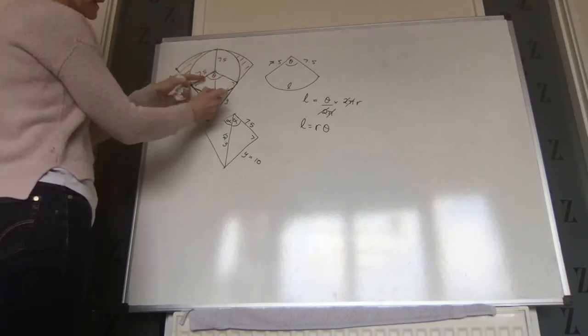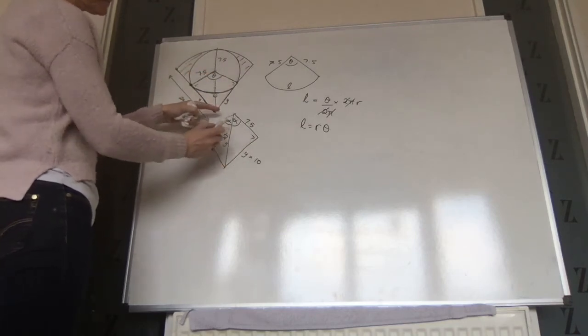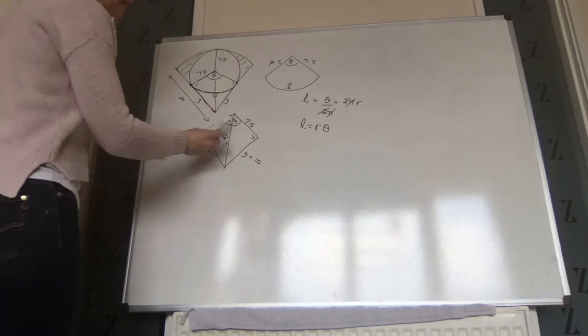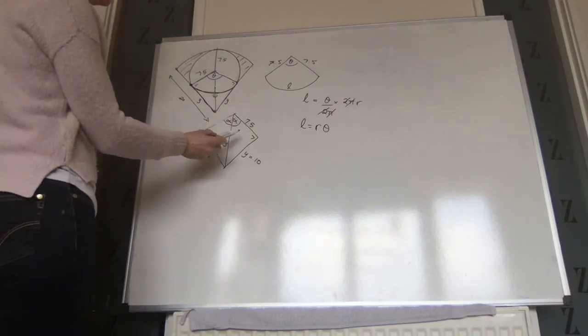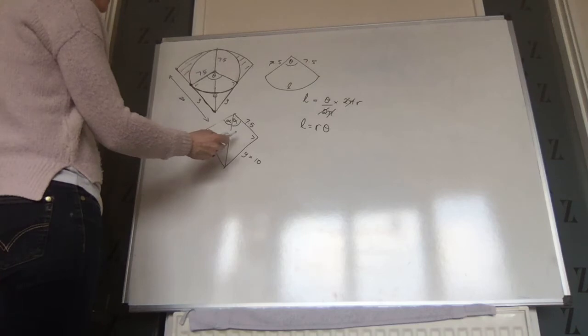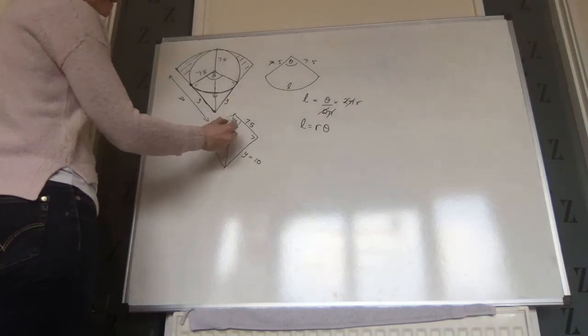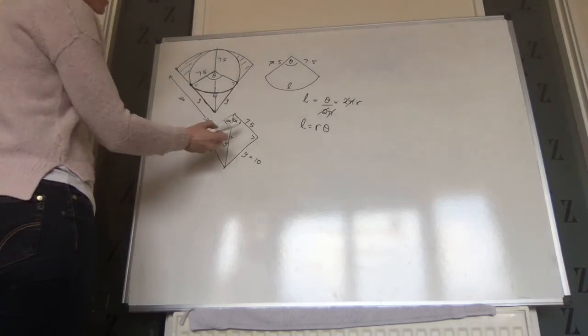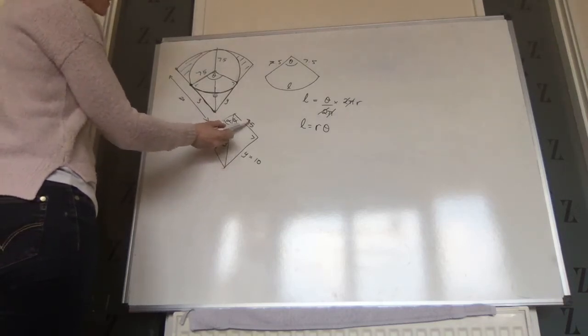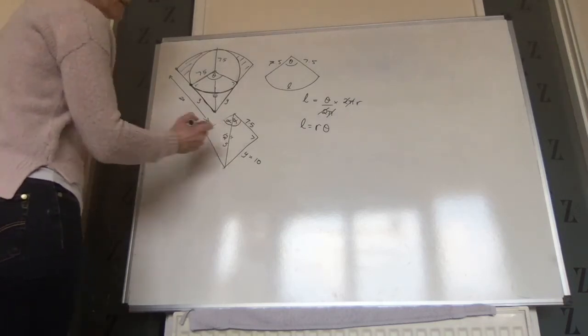That's the triangle there. To find this angle, here's a right angle triangle, here's the hypotenuse, so this is the opposite, this is the adjacent for this angle here.